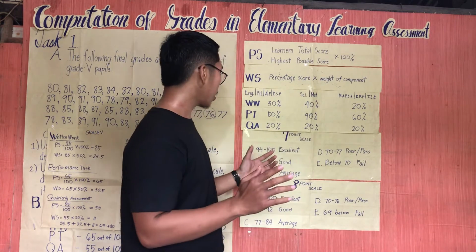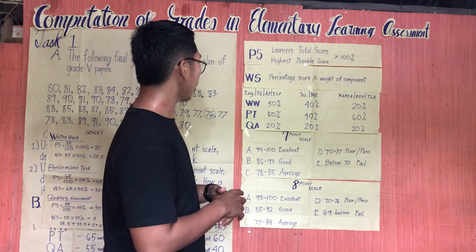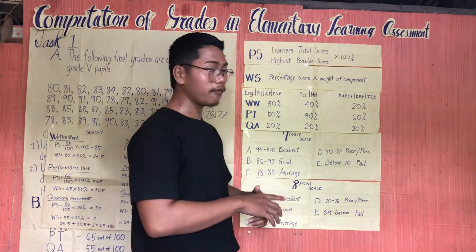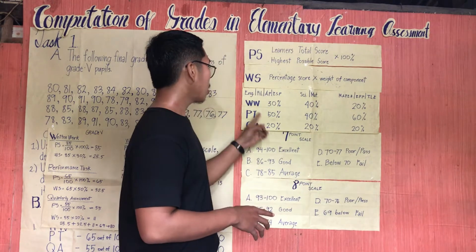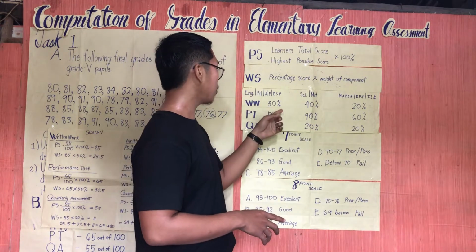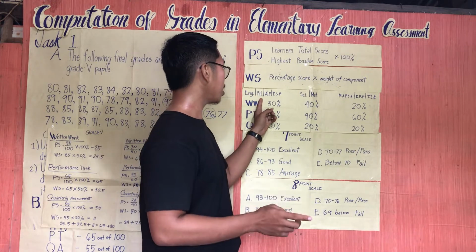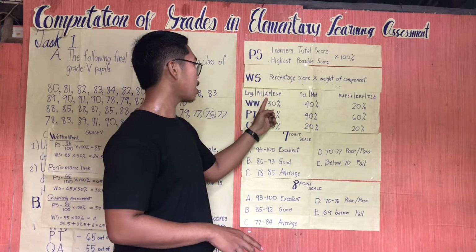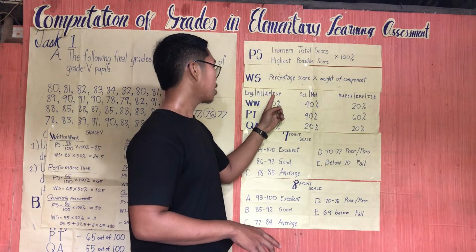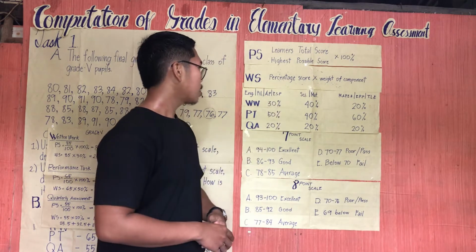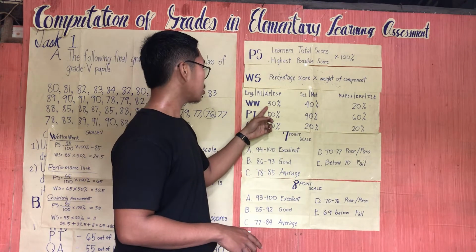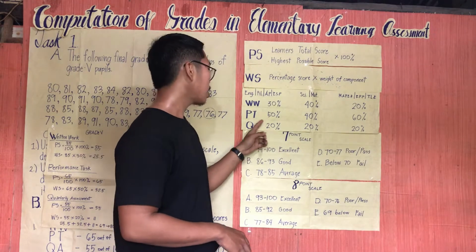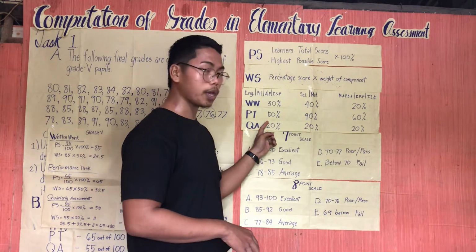There is a corresponding weight of component for every subject, and here we will have a glimpse of them. For English, Filipino, Araling Panlipunan, or Edukasyon sa Pagpapakatao, the written work is 30%, the performance task is 50%, and the quarterly assessment is 20%.